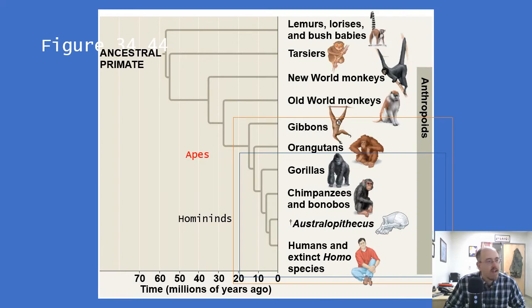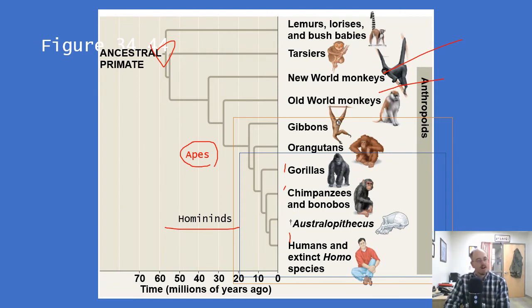So if we look at a cladogram, we can see the first primate down here, and New World monkeys, Old World monkeys, different groups like that. But more importantly, as we move up the cladogram here, in the orange box, we have the apes, which includes us. And then within the apes, we have a box that includes gorillas, chimpanzees, humans, extinct and living species, and those are the hominids.